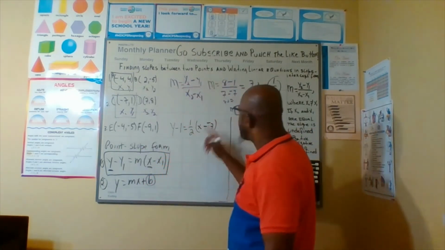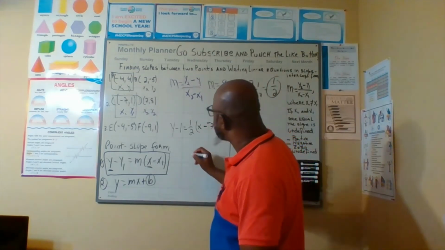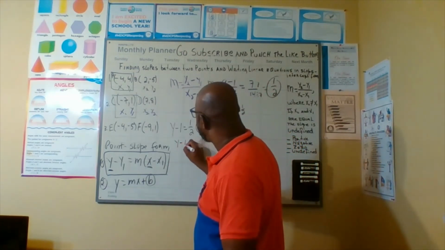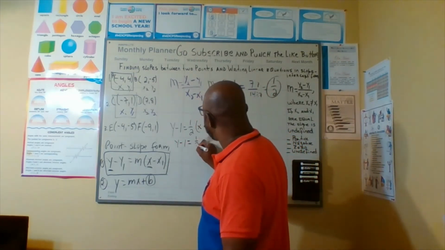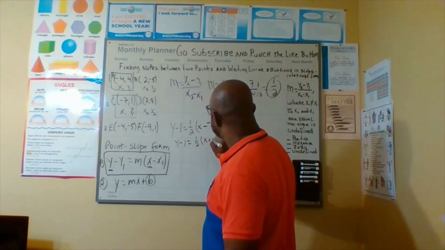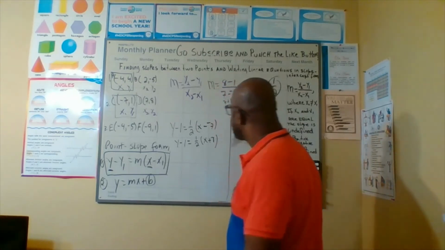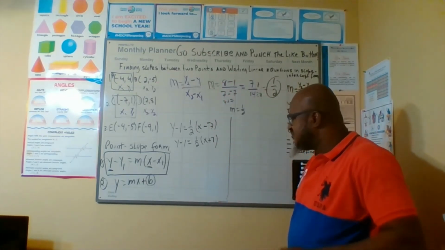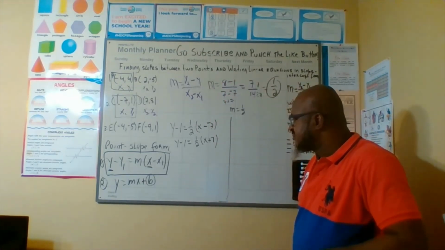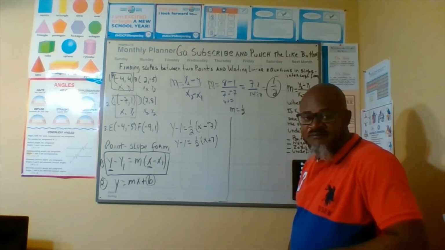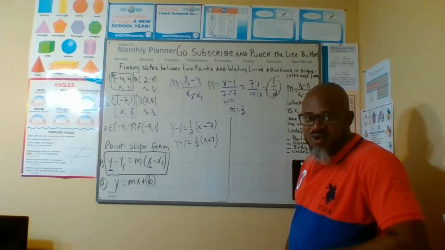So I'm going to clean that a little bit. I have two negatives, so I have to work this out. I will have y minus 1 equal 1/2 times x plus 7. If you still have a problem with fractions, you can multiply both sides by 2, or if not, you just distribute the 1/2.